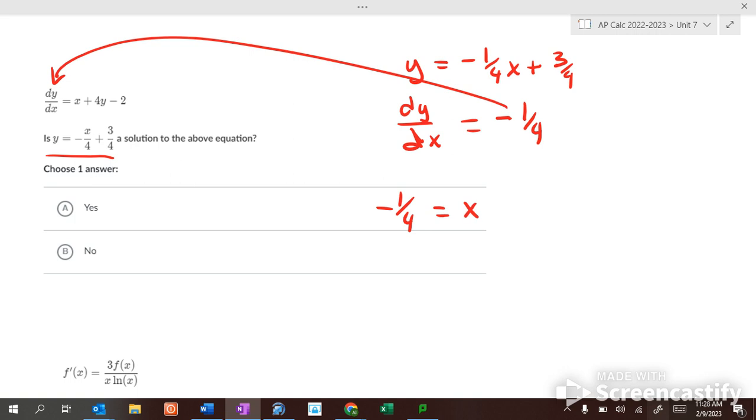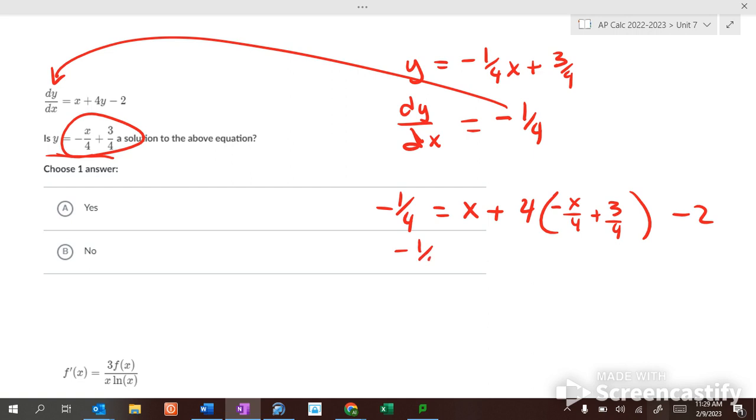Equals x plus, what is y equal to? Well, y is equal to this. So we plug that in for y at the top equation. Negative x over 4 plus 3/4 minus 2. And then we're going to solve this to see if both sides are equal.